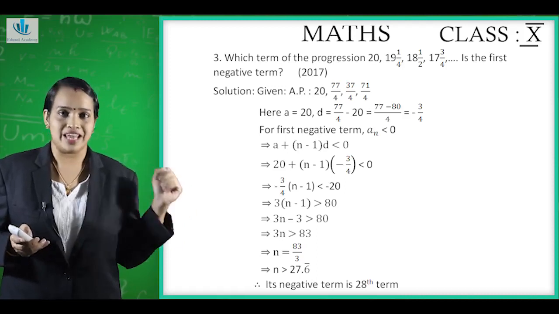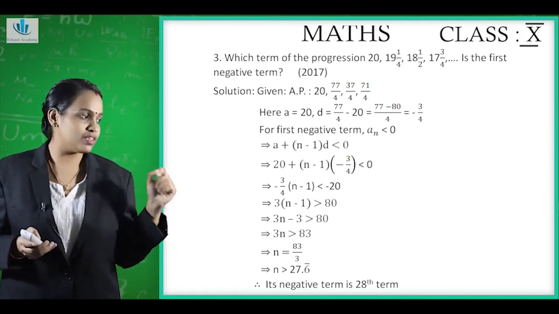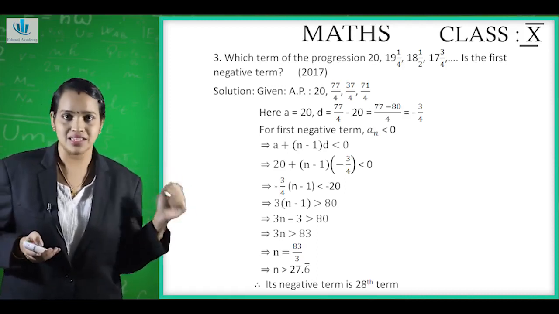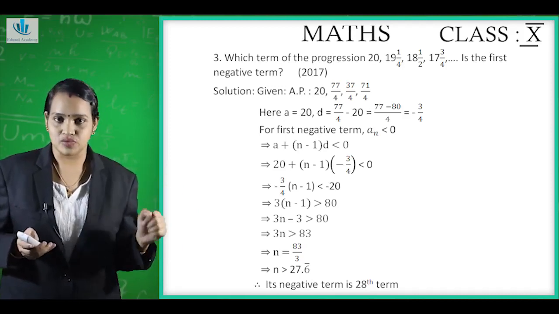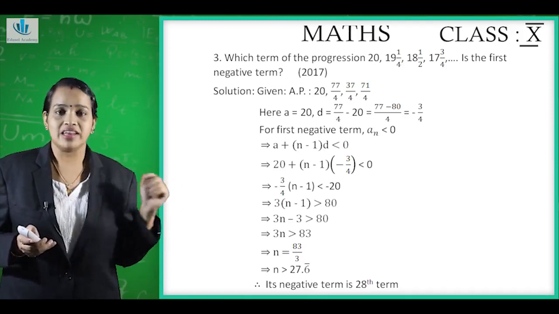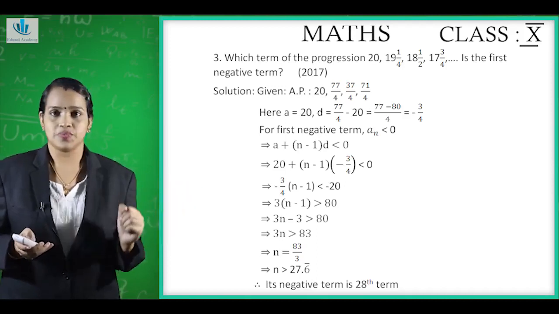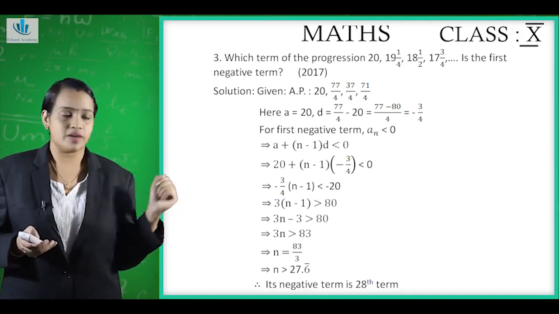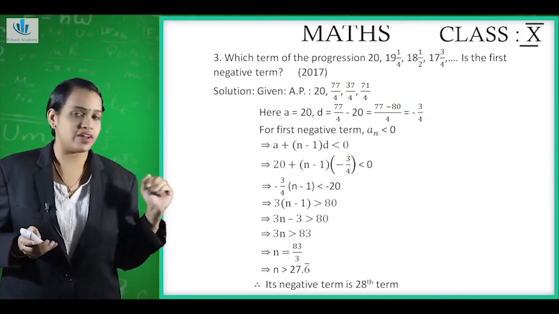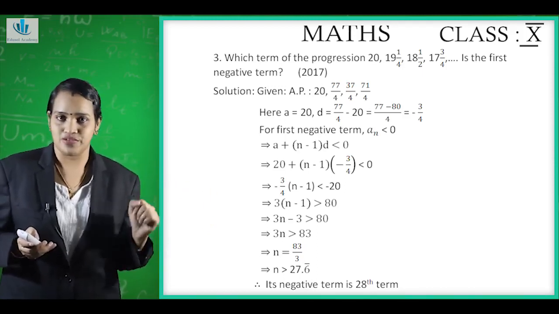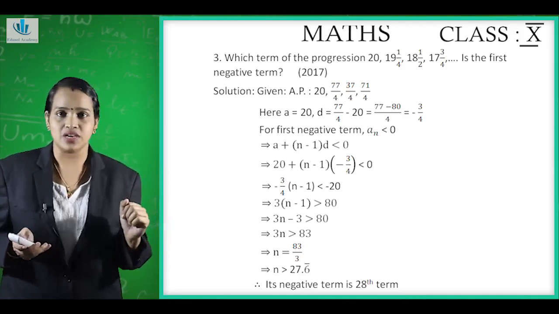For the first negative number, A n should be less than 0. Now the formula will be A plus n minus 1 into D, where it should be less than 0. A, you know it is the first term, it is 20 plus n minus 1, you know the difference, it is minus 3 upon 4, which is less than 0.